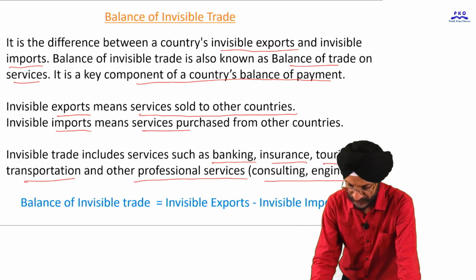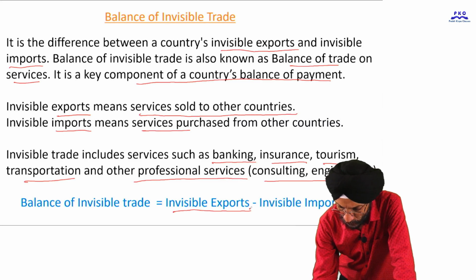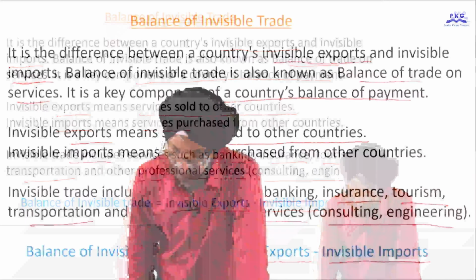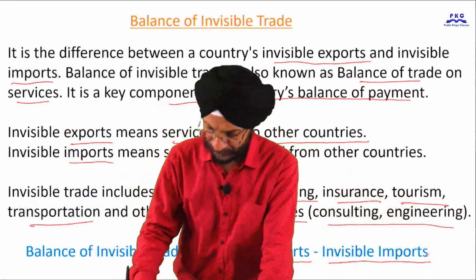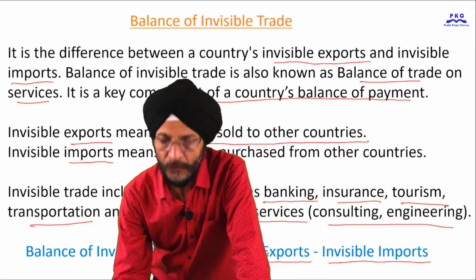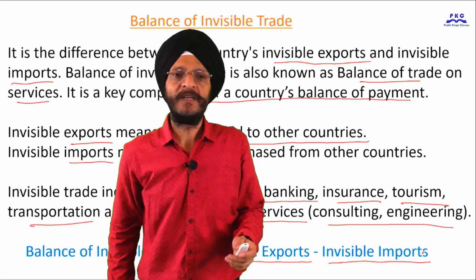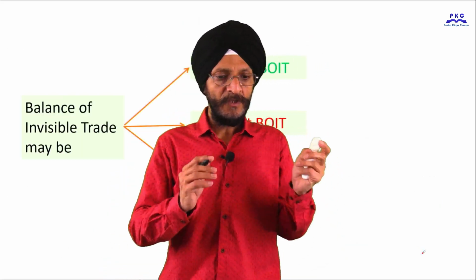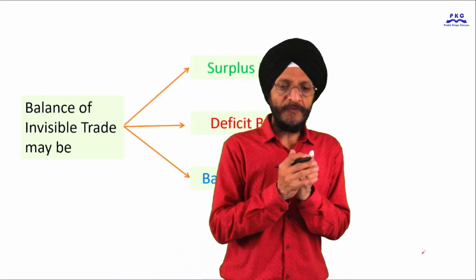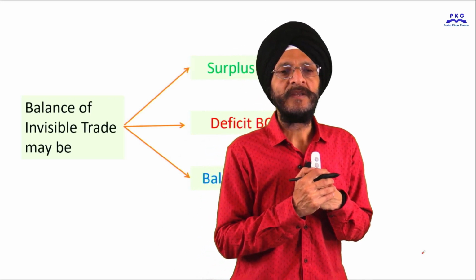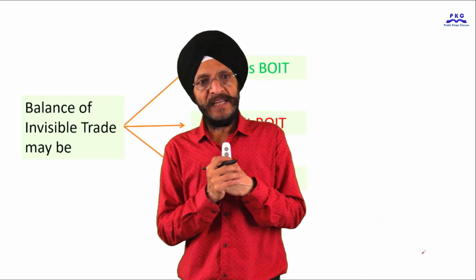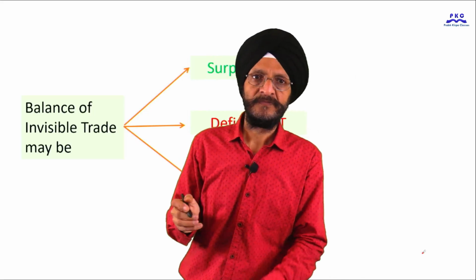So balance of invisible trade: invisible exports minus invisible imports. Here we will be taking into account value of invisible exports and value of invisible imports. So the balance of invisible trade may be surplus, deficit, or balanced.